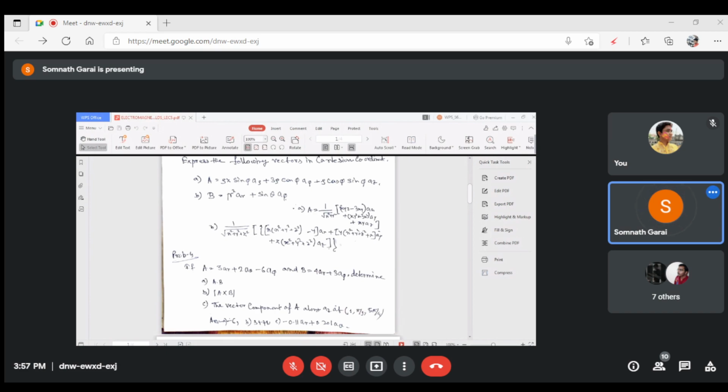So value of AR is equal to R square, value of capital A theta is equal to 0 and value of capital A phi is equal to sin theta. These are the magnitude components of the spherical coordinate of B.